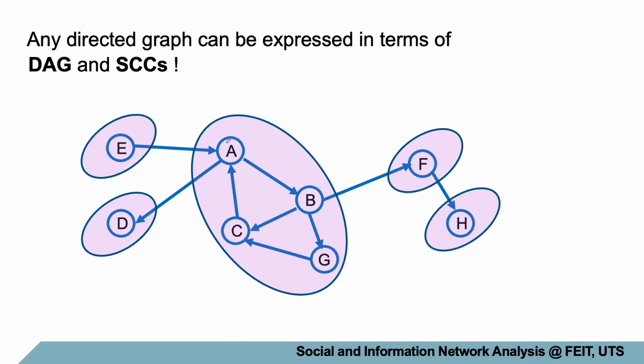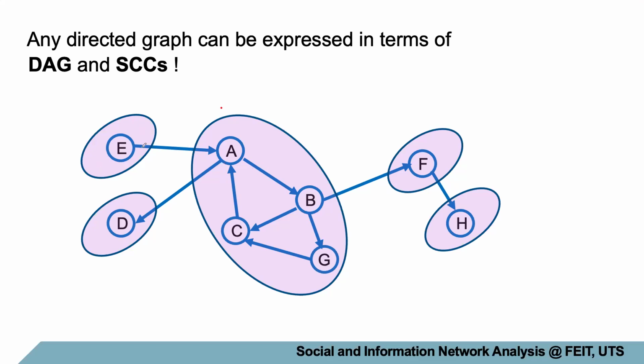If we contract each SCC into a single node, and if there's an edge from a node in one SCC to another SCC, then we have an edge between these two SCCs. Then this abstracted graph is actually a DAG.